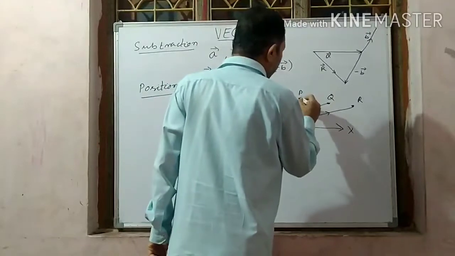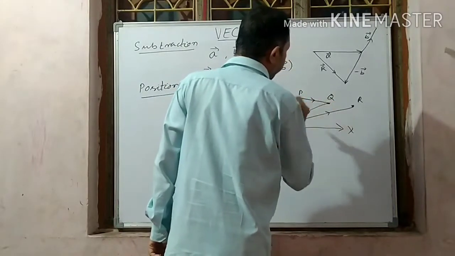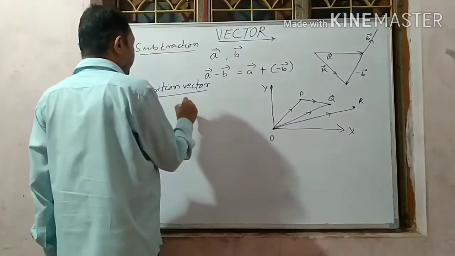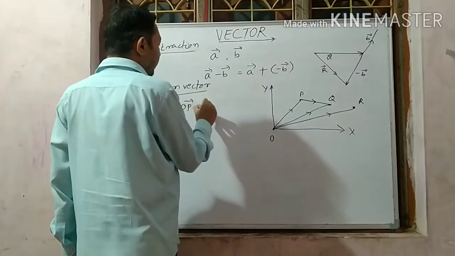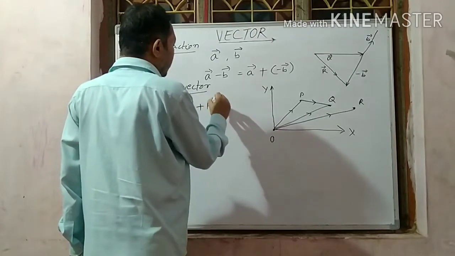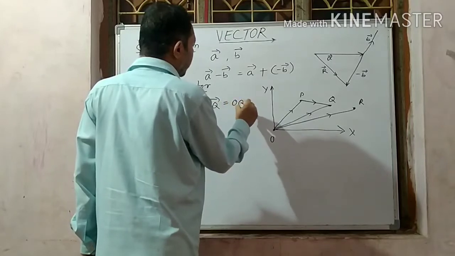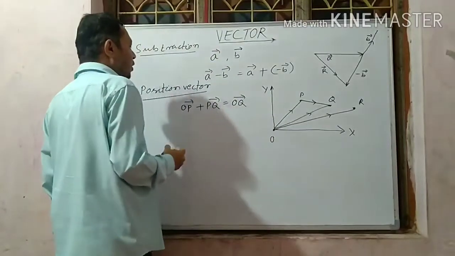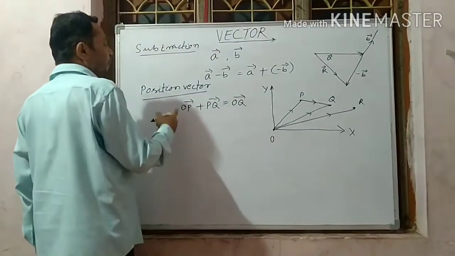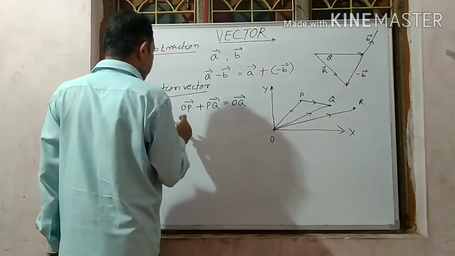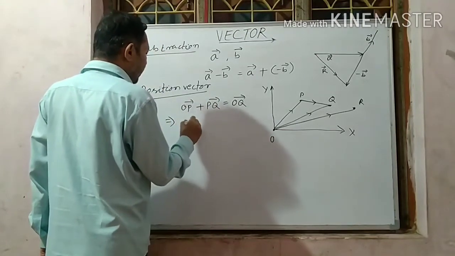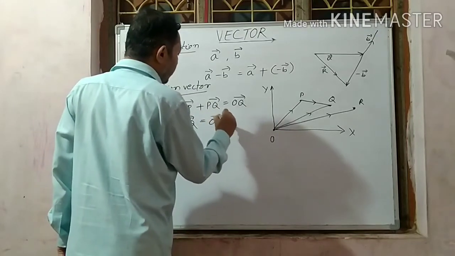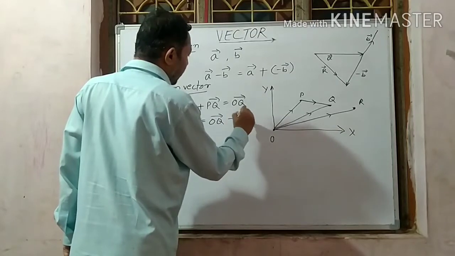Suppose we have to find out vector PQ. You see here, vector OP plus vector PQ gives vector OQ, using triangle law. We have OP plus PQ is equal to OQ. That means vector PQ is given by vector OQ minus vector OP.